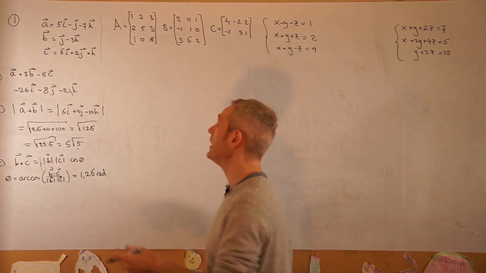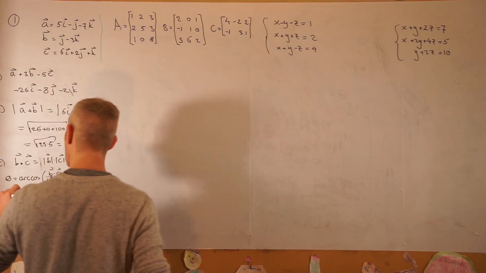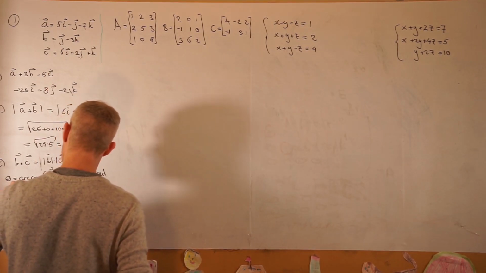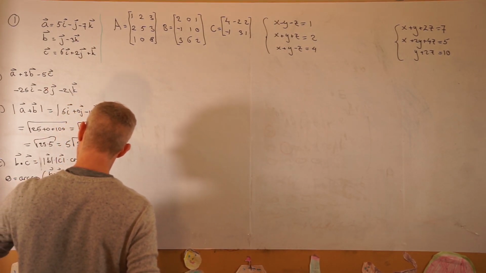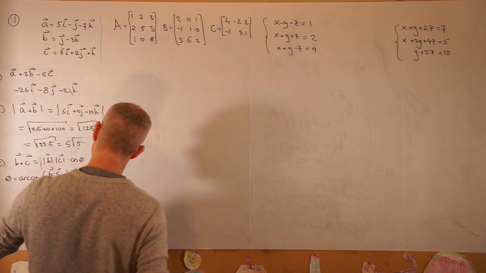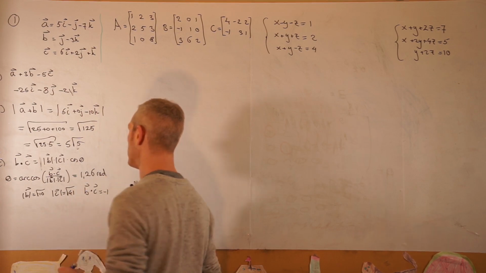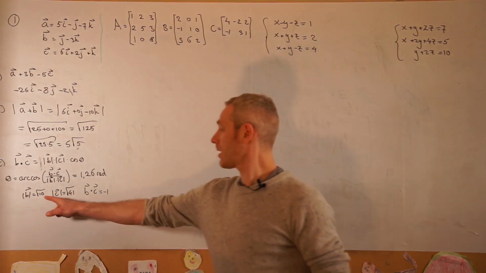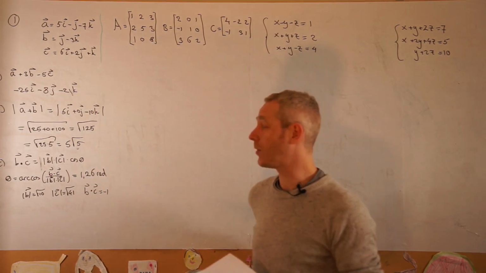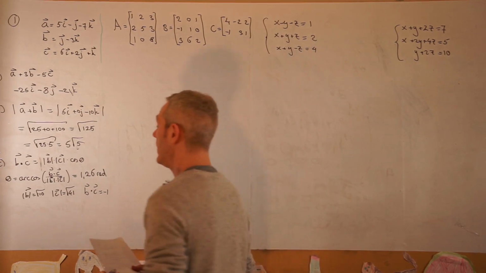Well, the length of b we can calculate, so the length of b is the square root of 10. The length of c is equal to the square root of 41, and the inner product between these two is equal to minus 1. And if we plug all this in there, we get 1.26 radians.